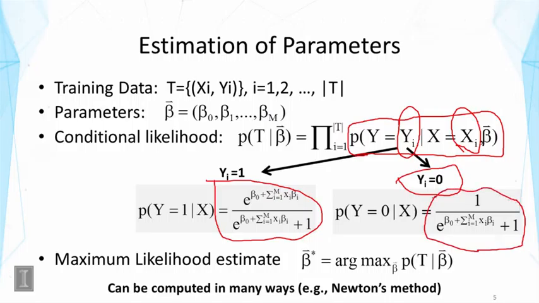Now, how do we get this one? Well, that's just 1 minus the probability of y equals 1, and you can easily see this. Now, the key point here is that the functional form depends on the observed yi. If it's 1, it has a different form than when it's 0.